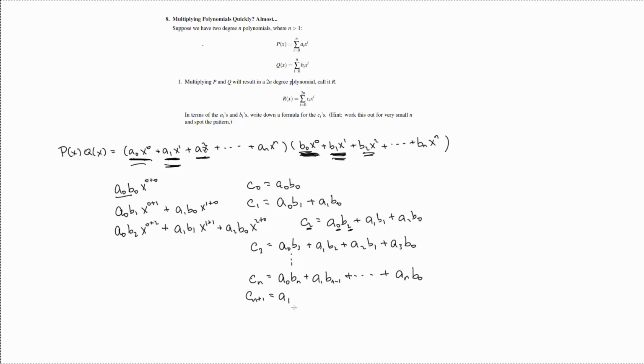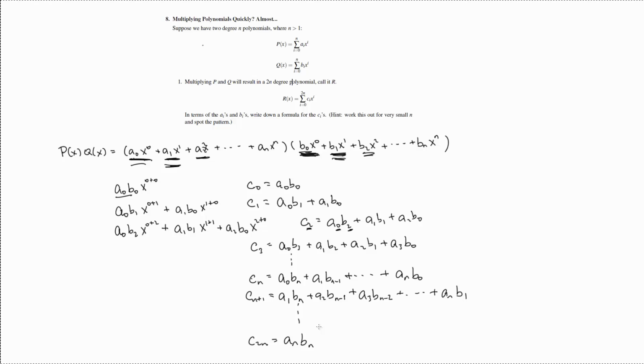We need to start at a1 times bn plus a2 times b n minus 1 plus a3 times b n minus 2 all the way up to an b1. And we continue this process until c sub 2n, which is equal to a sub n, b sub n.